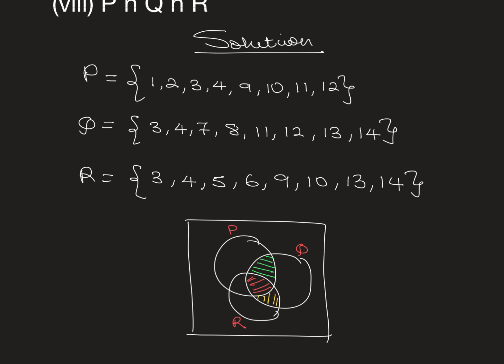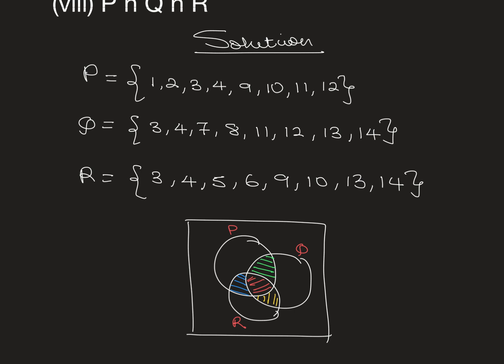And the region that I am going to shade blue is the region where you have common members between P and R. What do we have as common members between P and R? If you check, you have 9 and 10. So this is where you're going to write that.